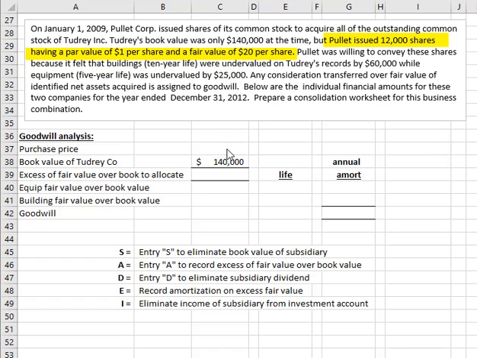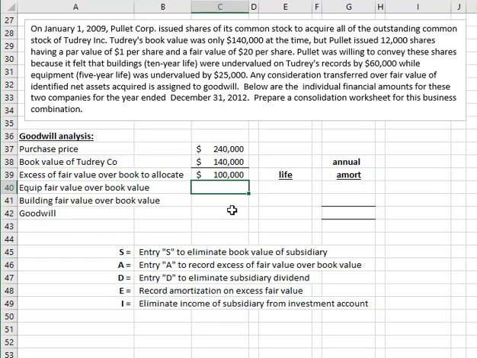They paid it in shares. And so the fair value of those shares is what they paid for Tudrey. So the difference must be some fair value in excess of book value, and we have to assign that either to specifically identified differences between fair and book or to goodwill.